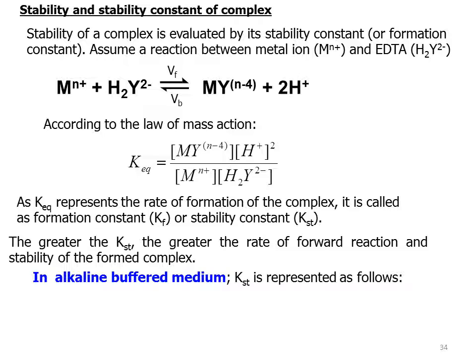In alkaline buffered medium, the K stability is represented as follows. We consume the hydrogen, and the expression is the molar concentration of the formed complex divided by the molar concentration of each of the central metal ion and the EDTA.